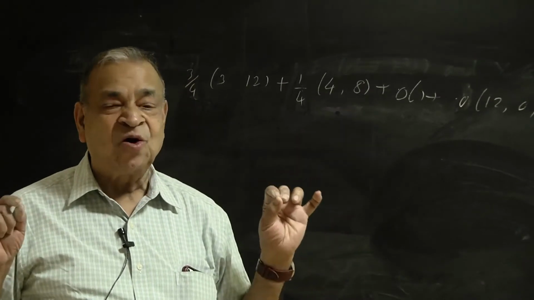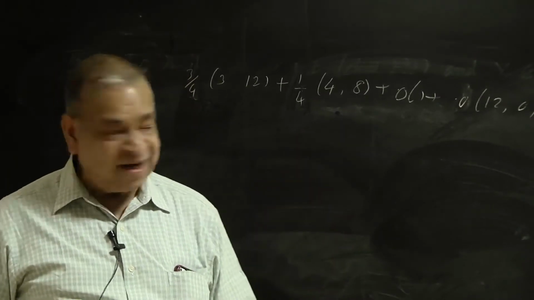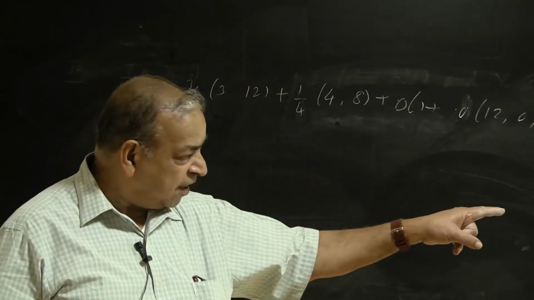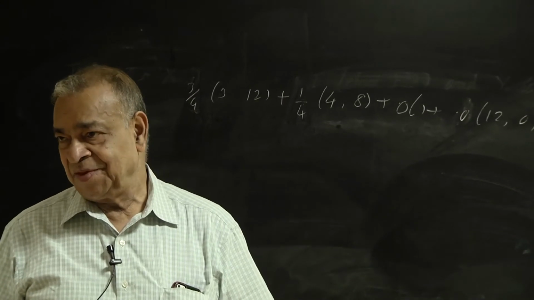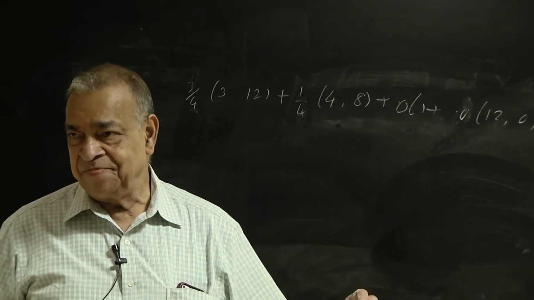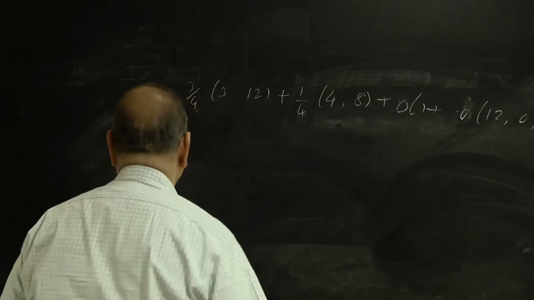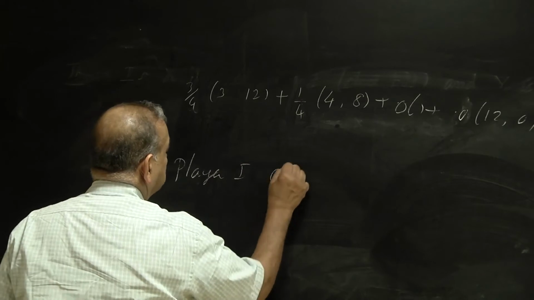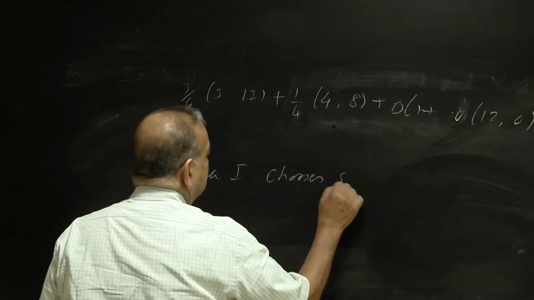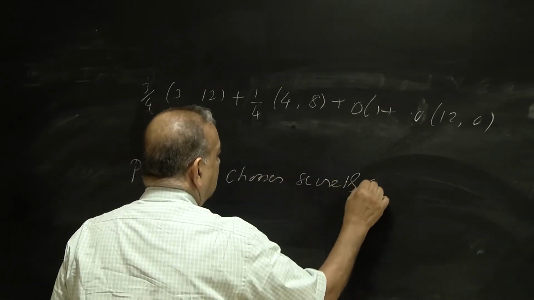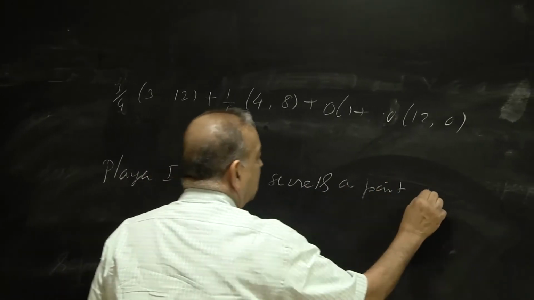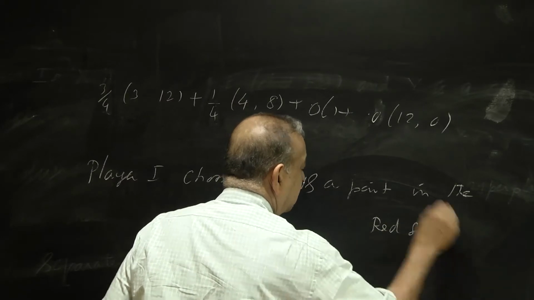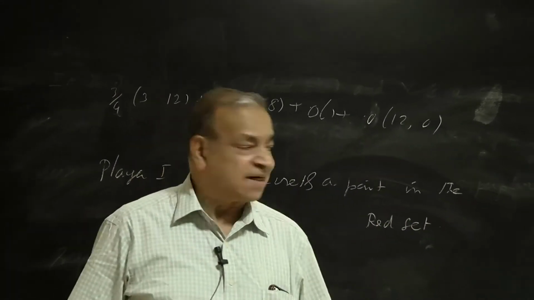So they are playing the following new game. What is the game? Player 1 chooses secretly a point in the red set.